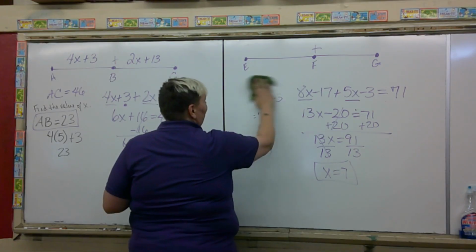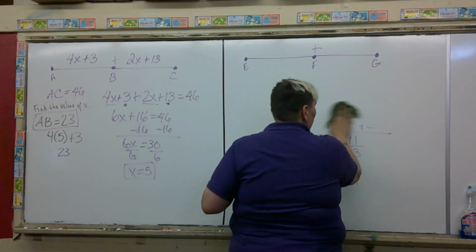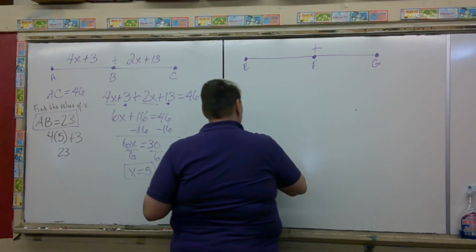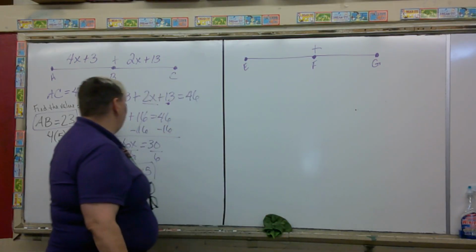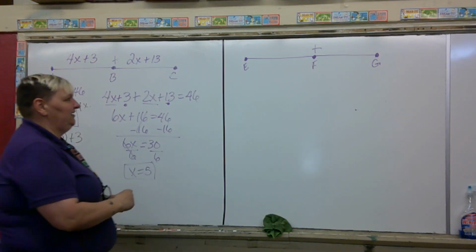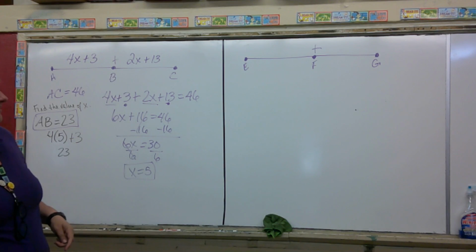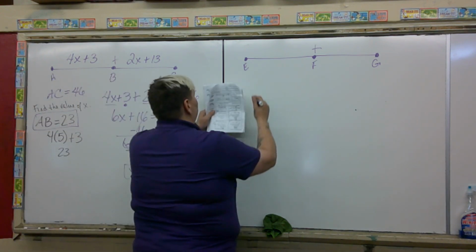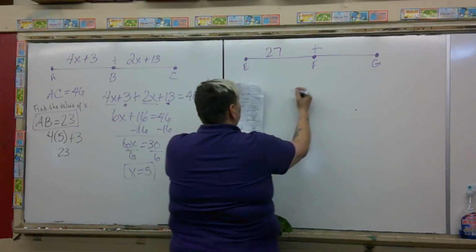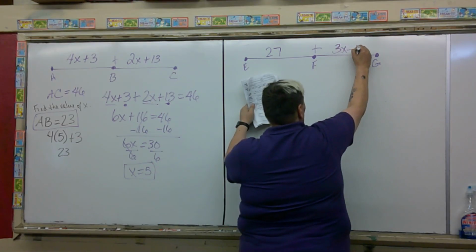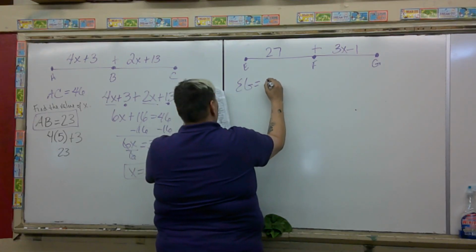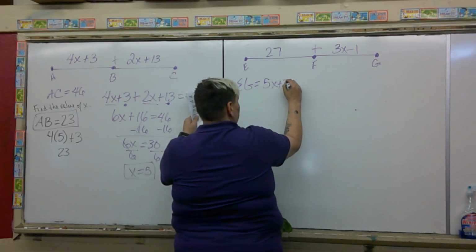Alright, let's complicate it a little bit. So far we've done combine like terms, solve the two-step equation. What if they complicate it? What if the problem is 27 plus 3x minus 1 equals 5x plus 2.